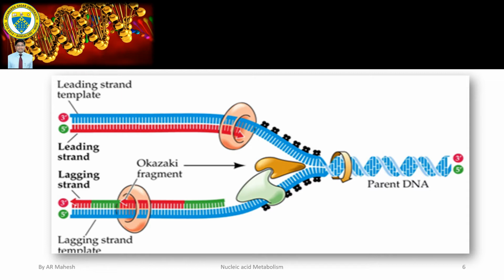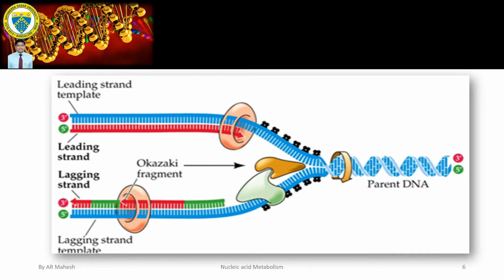In the other strand, that is the lagging strand, as the fork opens, multiple sites of initiation are exposed. The synthesis then proceeds in short segments in the 5' to 3' direction itself. That is, the synthesis in the lagging strand is discontinuous.